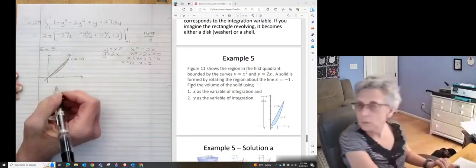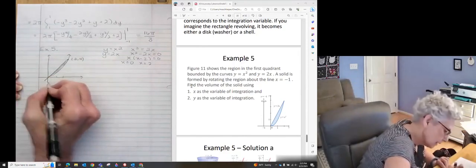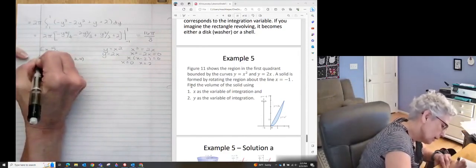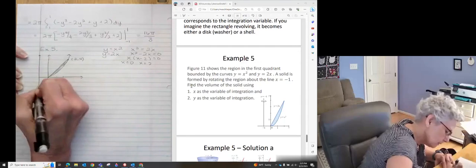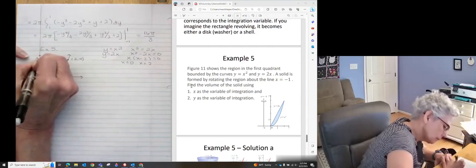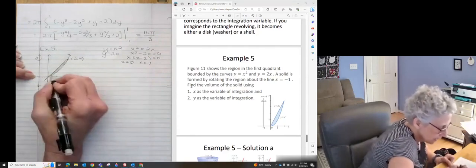Looks something like that. We're going around the line x equals -1. So no matter what y is, x is equal to -1, so it lives right over here. So this is my axis of rotation.